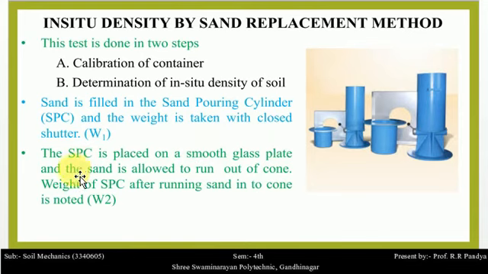The sand pouring cylinder is placed on a smooth glass plate and the sand is allowed to run out into the cone. Weigh the sand pouring cylinder after running sand into the cone and note it down as W2.